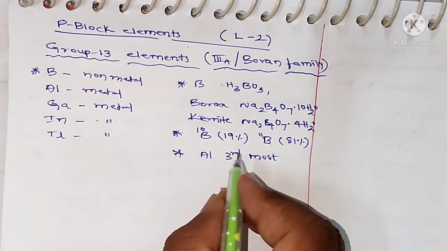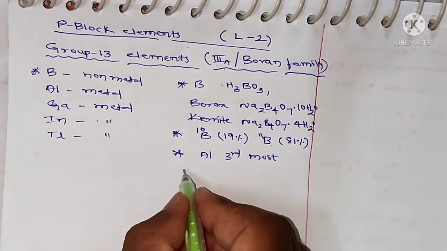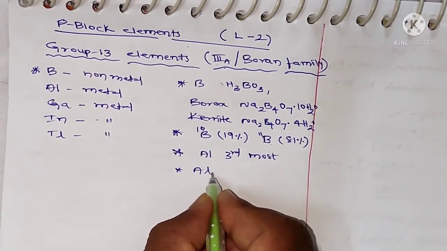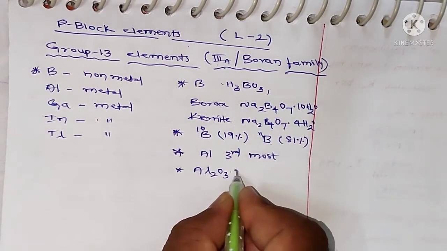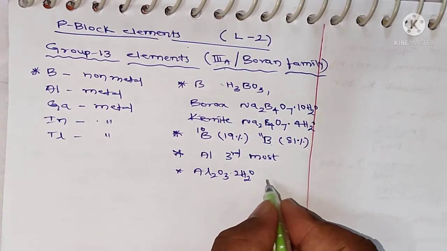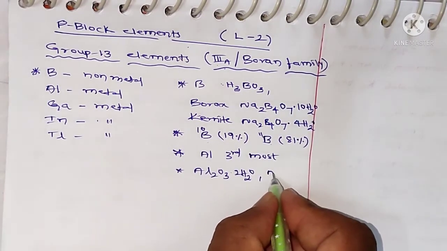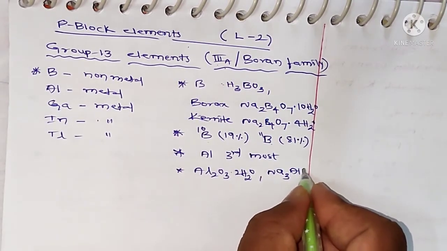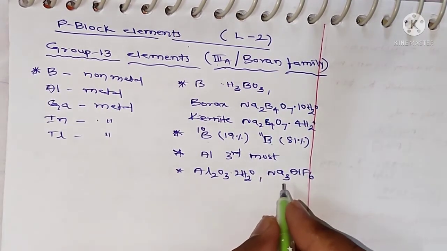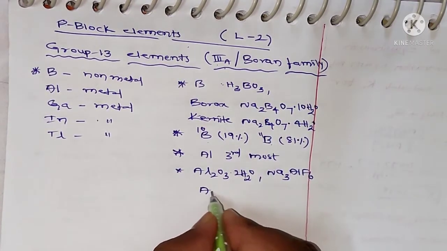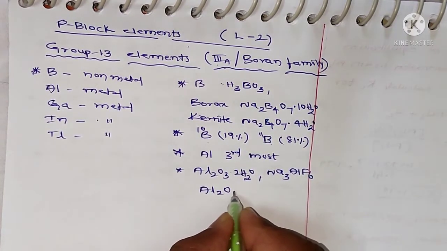Aluminium occurs as bauxite, the formula Al2O3·2H2O, and cryolite, the formula Na3AlF6, and corundum, the corundum formula Al2O3.